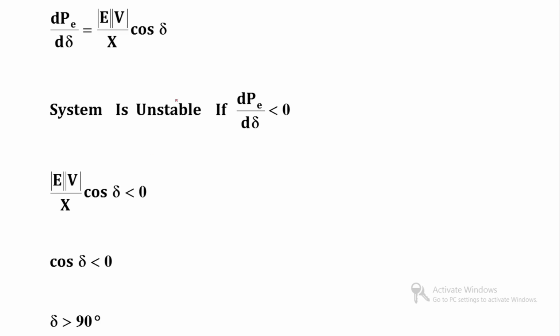Now the system is unstable if this ratio is less than 0. So I can write EV by X into cos delta is less than 0. Now EV by X are all non-zero terms, so dividing by them, we can write cos delta is less than 0.